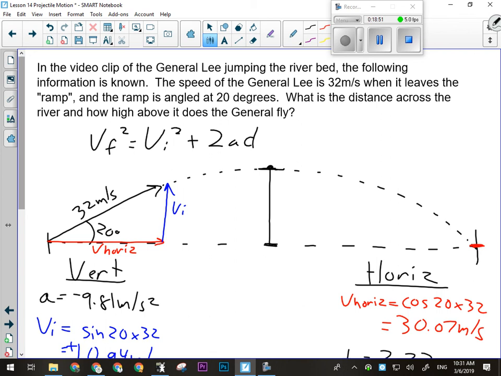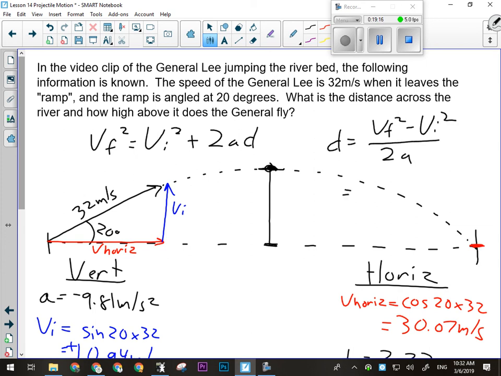often. All right. So I'm going to make VF 0. I've already got VI because I calculated it was 10.94. I know the acceleration, and I'm looking for the vertical displacement at this point, when VF is 0. So if I manipulate, I'm going to have D equals VF squared minus VI squared over 2A.